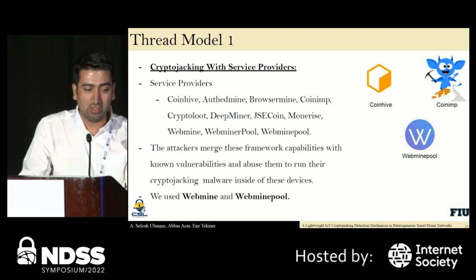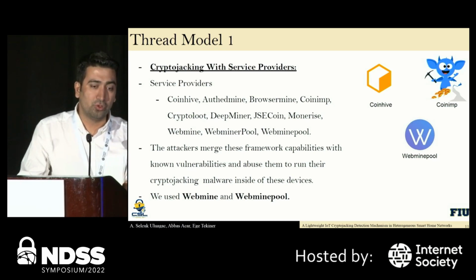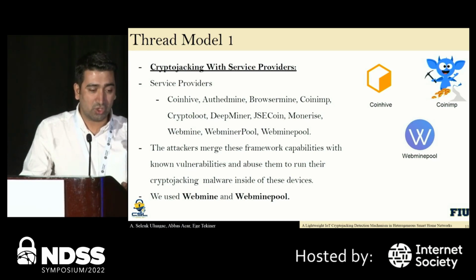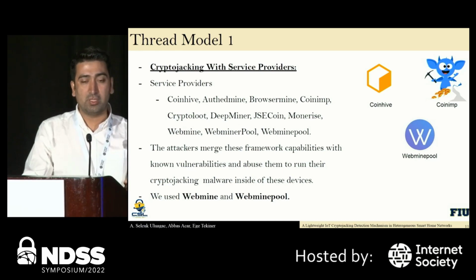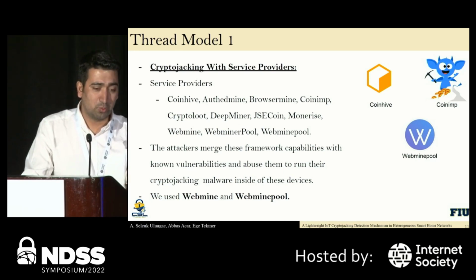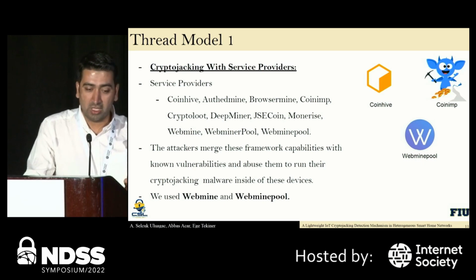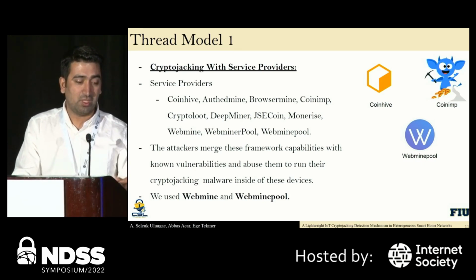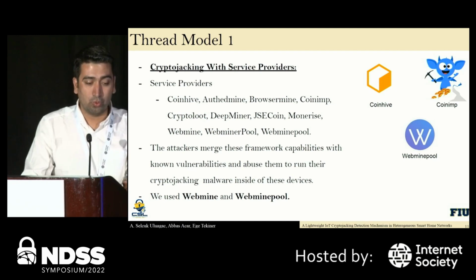So this threat model, including the attackers, also does the same. This threat model includes the implementation in which we use the scripts provided by service providers such as Coinhive, Coinimp, or webminepool. And in this study specifically, we use webmine and webminepool scripts.